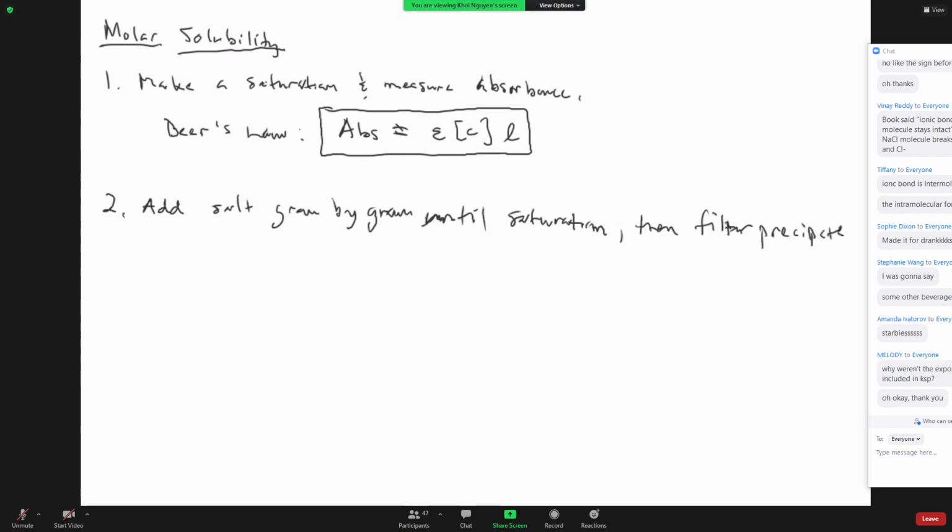Because it would have formed some type of solid. Then dry and weigh the precipitate. Okay. And the last one that we can use to figure out the molar solubility is using an ion exchange.